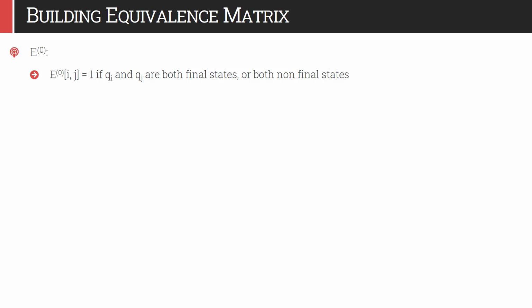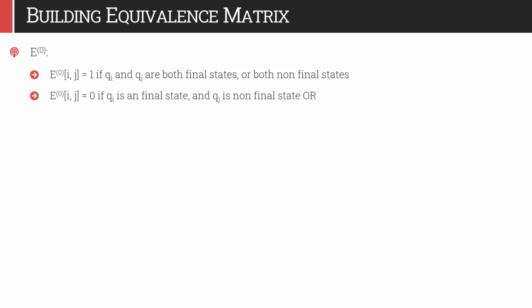First we have to start with the initial equivalence matrix, that is E of 0. Now E of 0 we can compute without much processing. E0 of i comma j is 1 if qi and qj are both final states or both are non-final states. This is also called P0 partitioning or zero equivalence, as we have discussed in our state minimization examples.